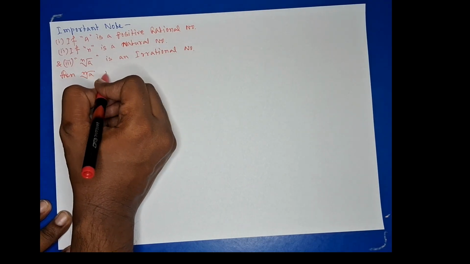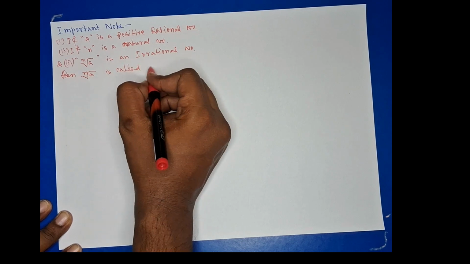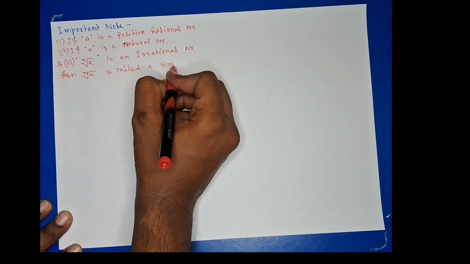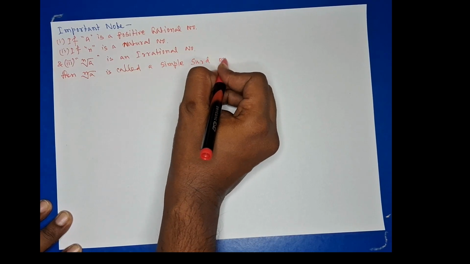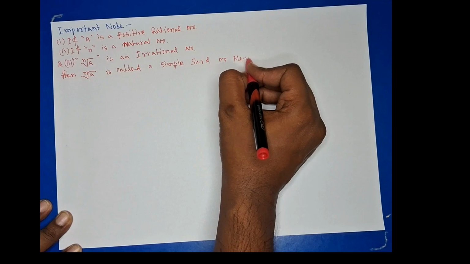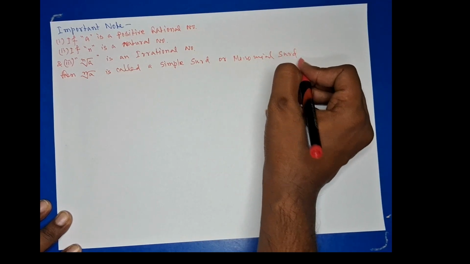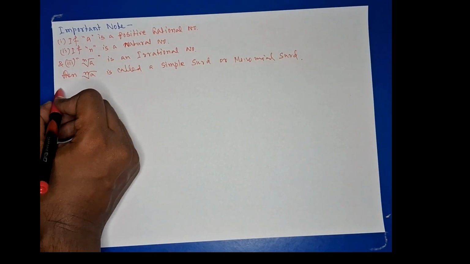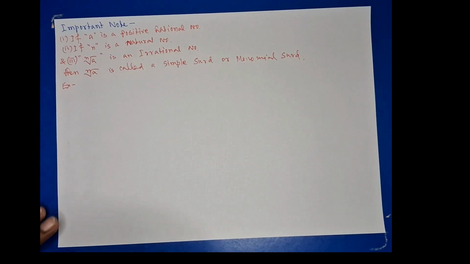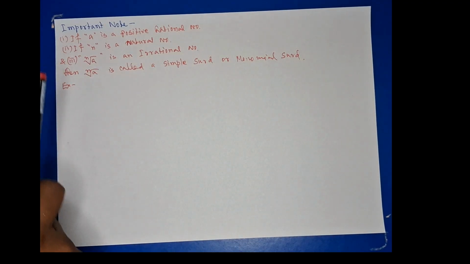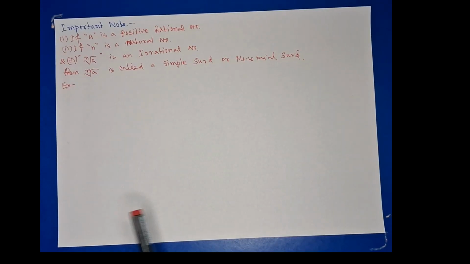nth root of a is called a simple surd or monomial surd. Okay. If the three conditions are satisfied, then this is called a monomial surd.